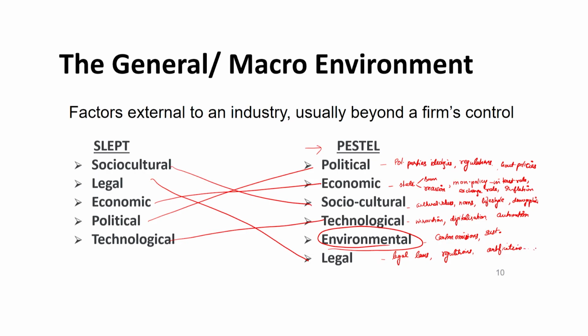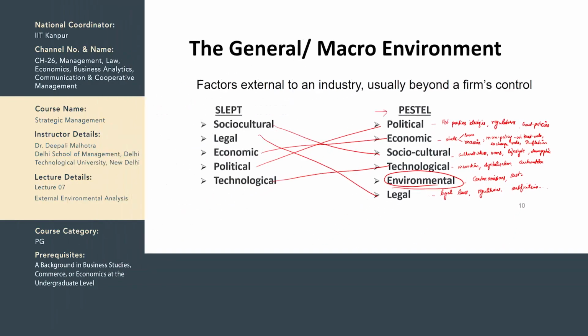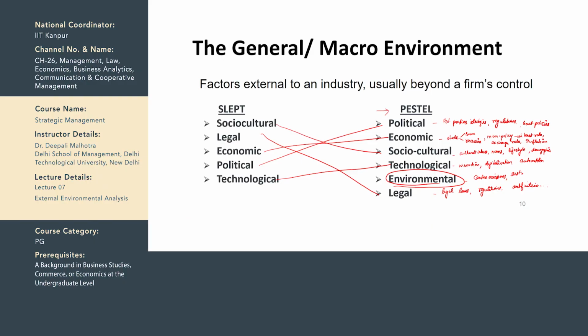So basically, when we do PESTLE analysis, our purpose is to evaluate our organization from the point of view of all the external factors which are there in the outside environment. It can be our opportunity or it can be our threat. That we will evaluate at a later stage.